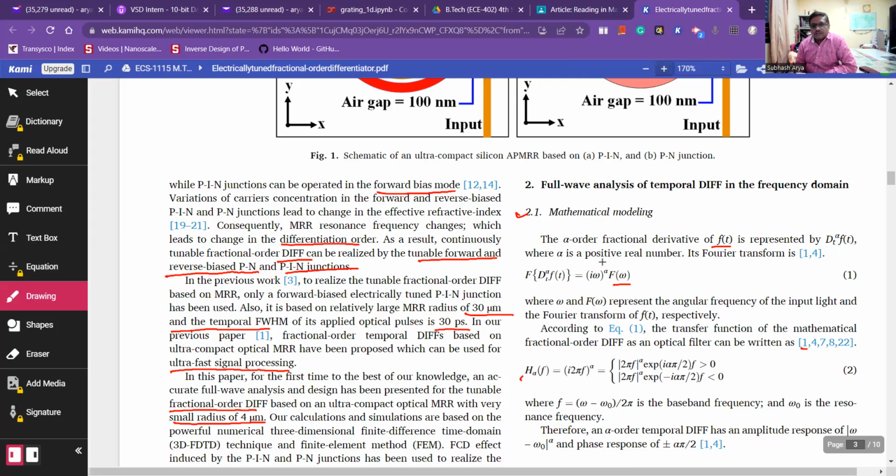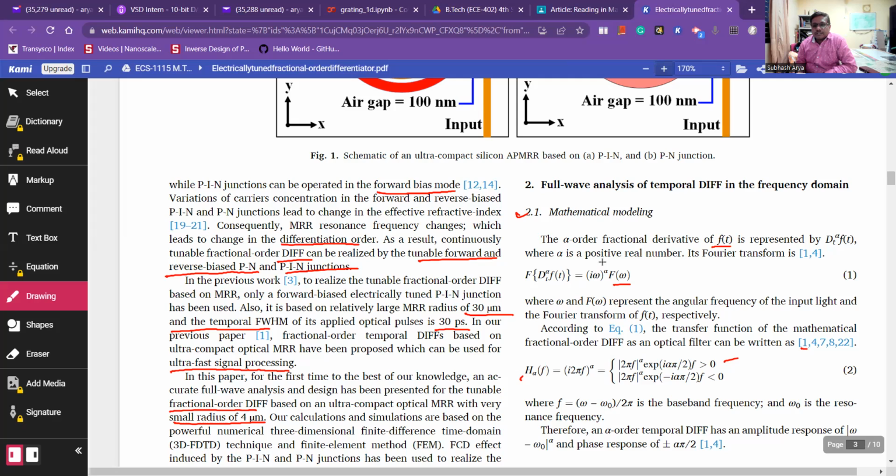The fractional order is equal to the modulus of 2 pi f to the power alpha, with the fractional order exponential i alpha pi by 2 when f is greater than 0, and the opposite sign when f is less than 0.